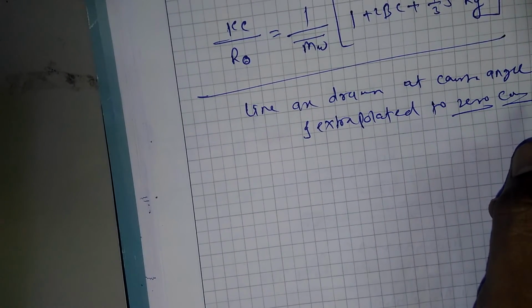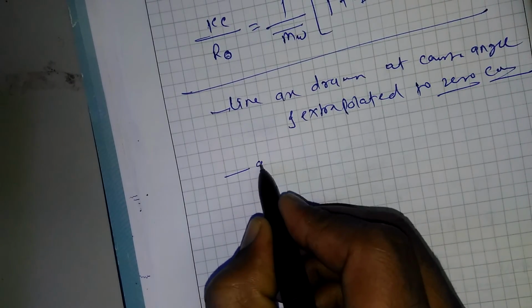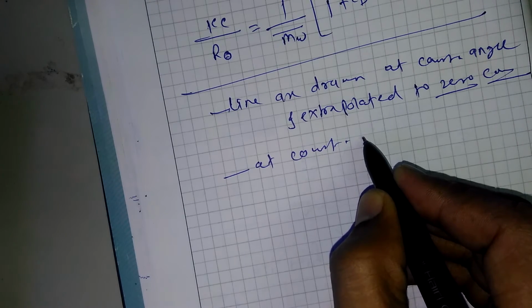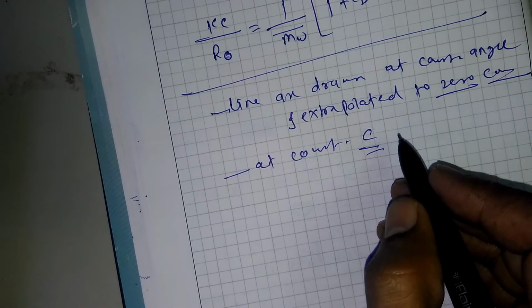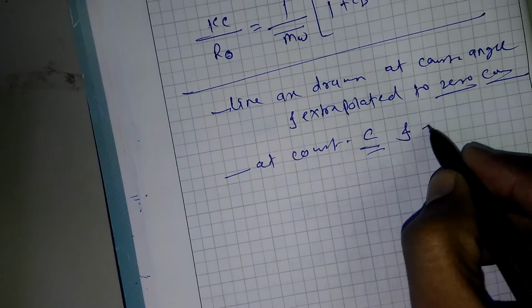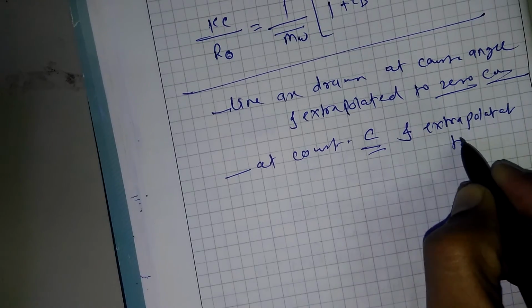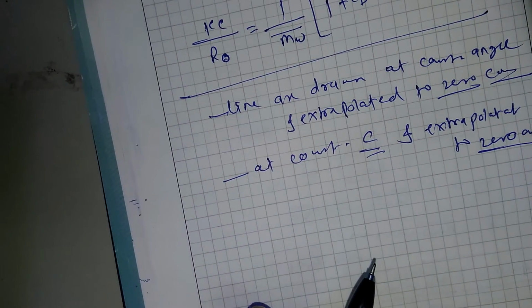Again we can draw the line at constant concentration and extrapolated to zero angle. In this way we can draw the Zimm plot.